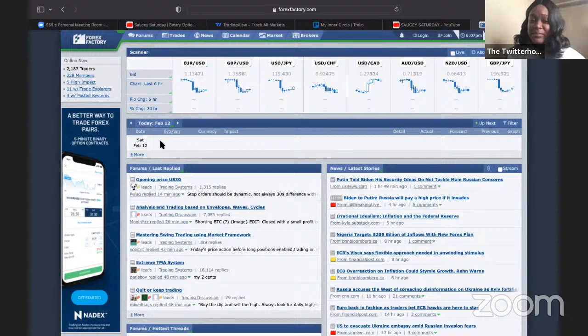Now it's Saturday. When it comes to trading Forex, the markets are closed at 5 p.m. Eastern Standard Time on a Friday evening. It's not going to reopen until Sunday at 5 p.m. Eastern Standard Time. So it's almost tomorrow. I get excited for Sundays because it's another opportunity to get into the market.